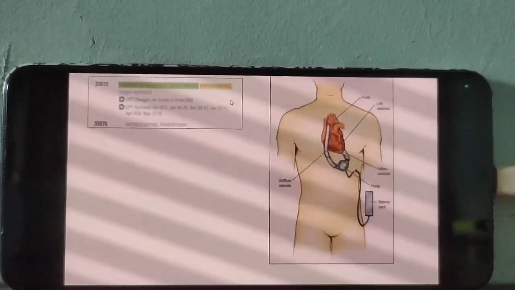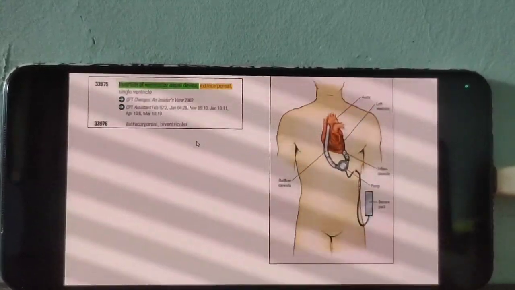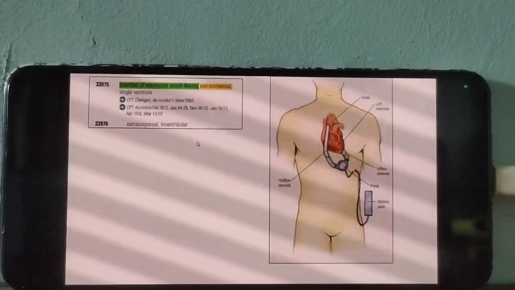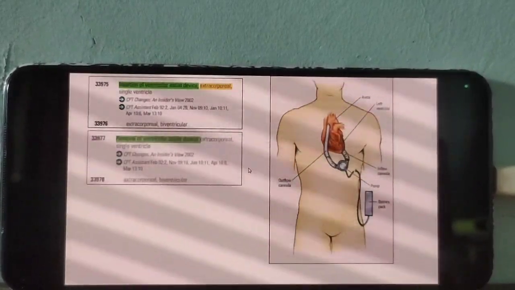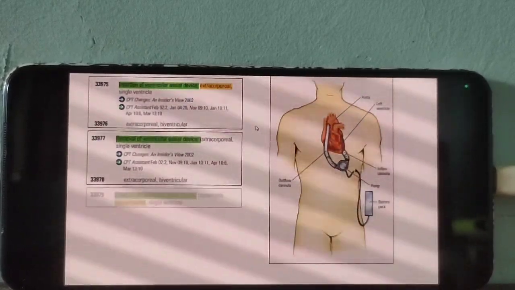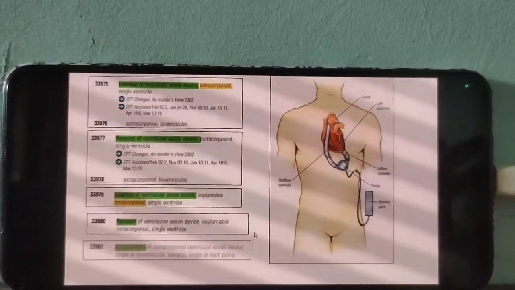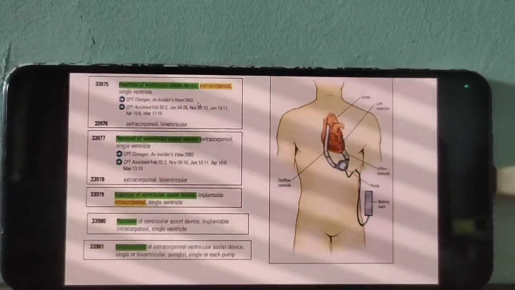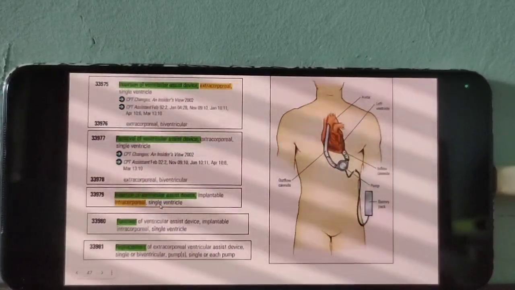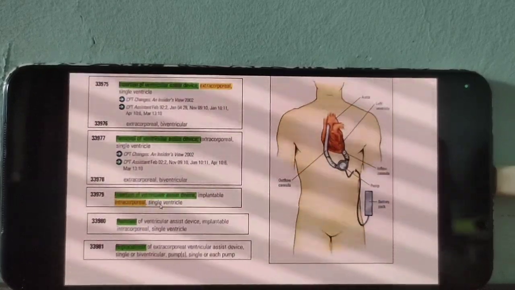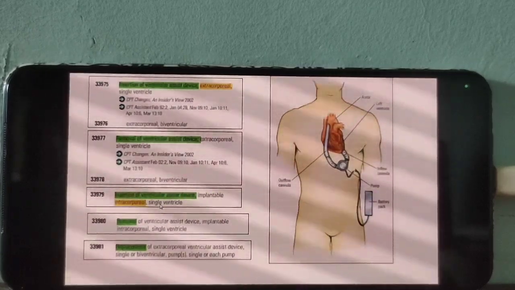Ventricular assist device, a very, very important question. Ventricular assist device, VAD. In ventricular assist device, we have two classifications: extracorporeal and intracorporeal.